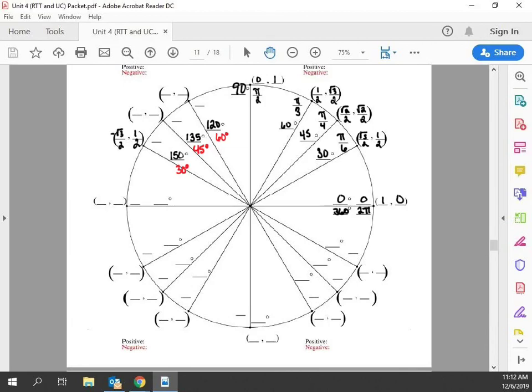We are picking these coordinates. We're taking the red number, making that the degree, and matching it with the coordinates in the first quadrant, paying attention to where we're located on the coordinate plane. So what are the coordinates for 135 degrees?